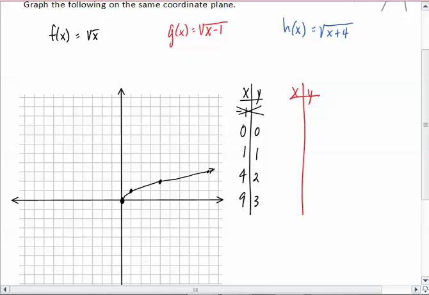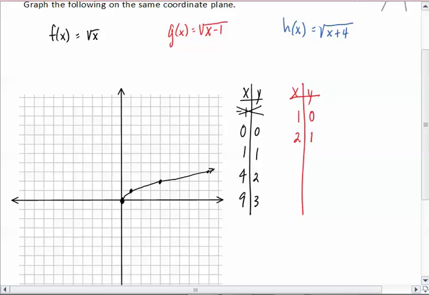Now, I want you to notice something. In order to get the expression under the radical back to 0, you realize that we would have to start with 1. We'd have to start with 1, and that would get us back to the y value of 0. Okay, I'm putting in a positive 1. If I put in a 2, 2 minus 1 is 1, the square root of 1 is 1.